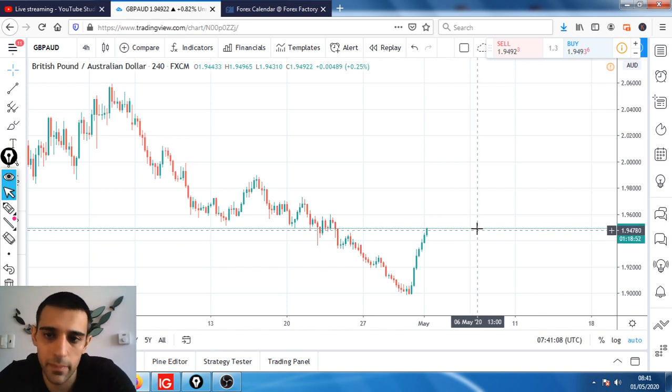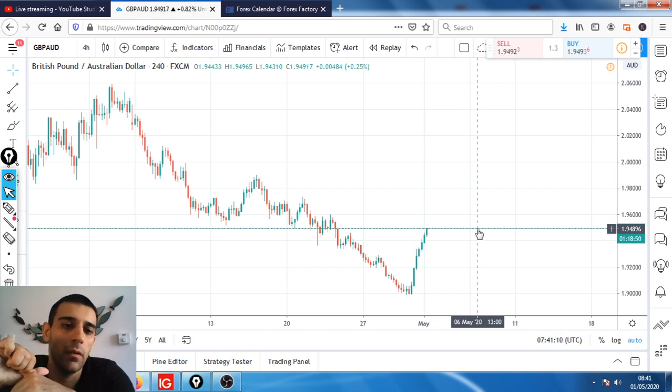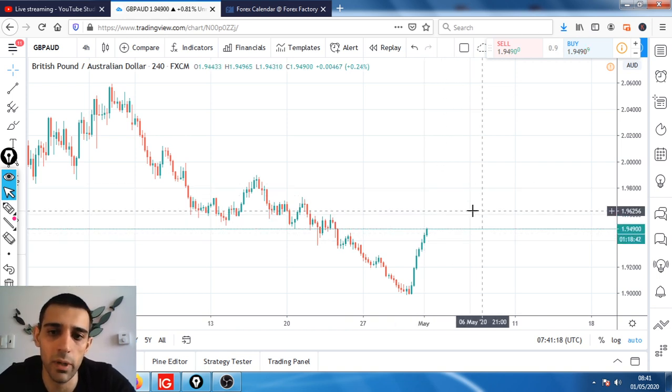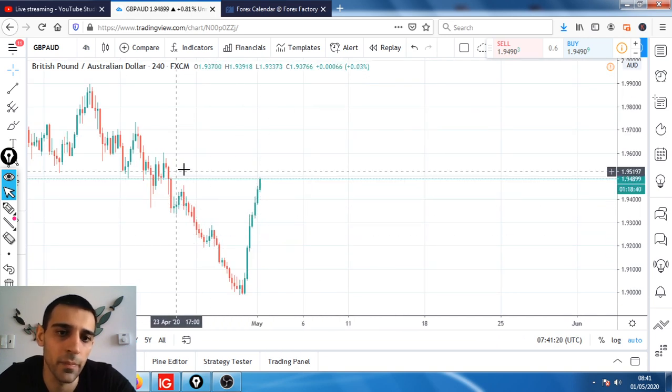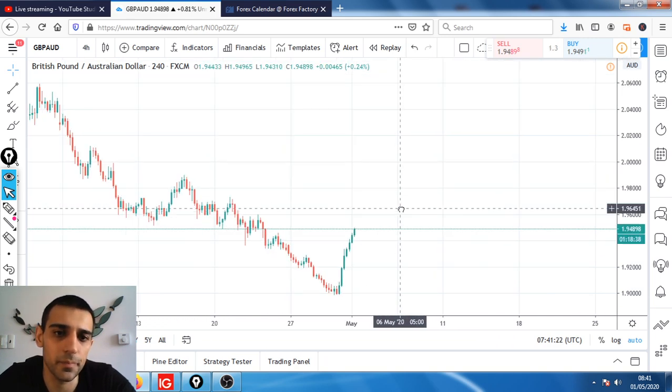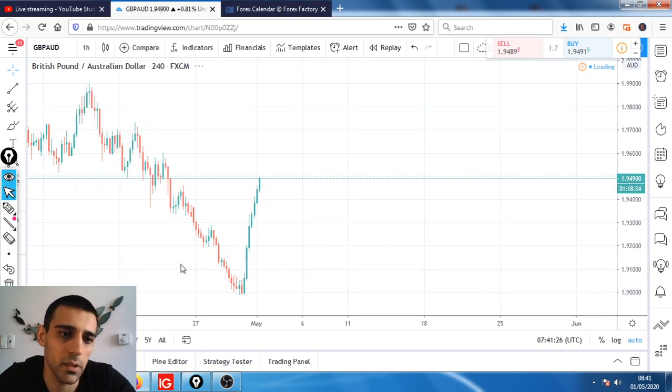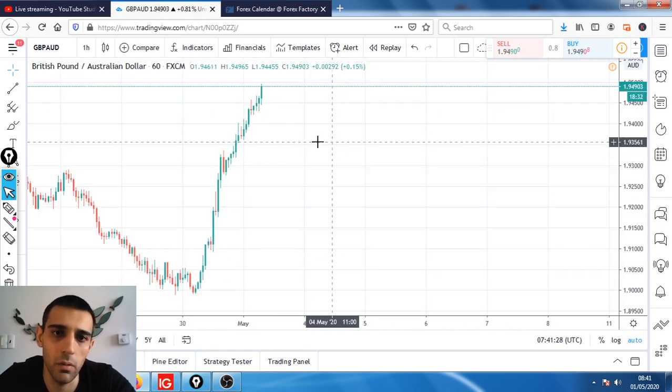So a 110 pip target for that one, and we're going to take a 35 pip stop loss. The risk to reward is about 1 to 3, which is good. It does look pretty strong, so it might continue to go up here.